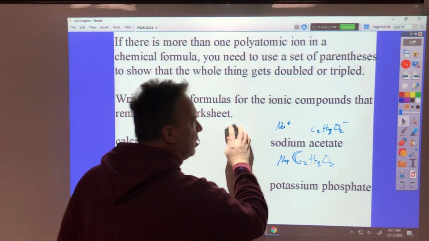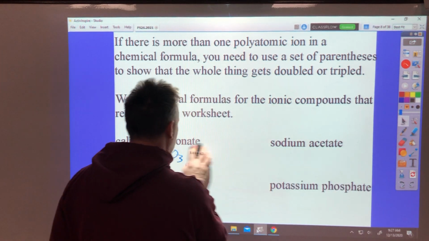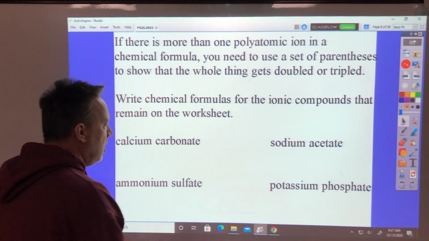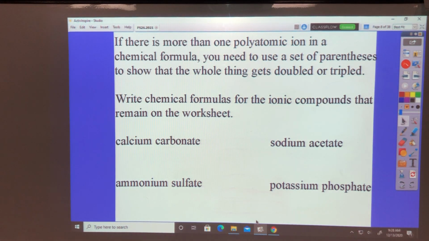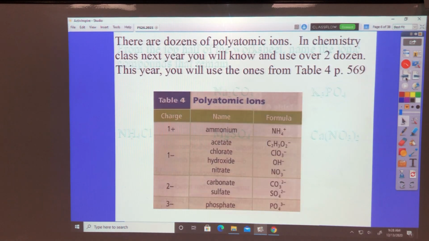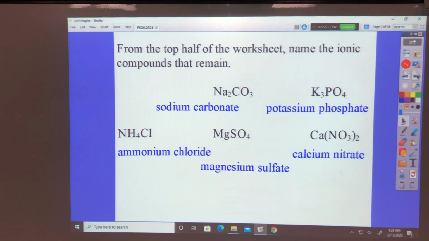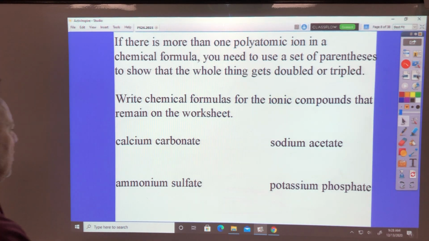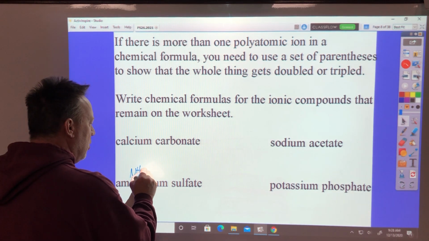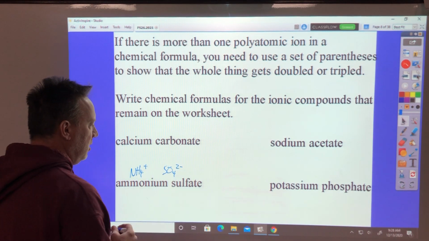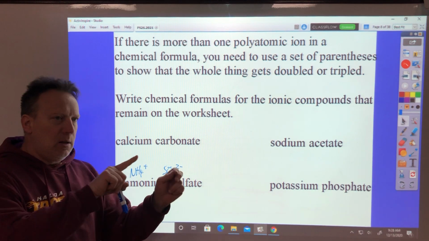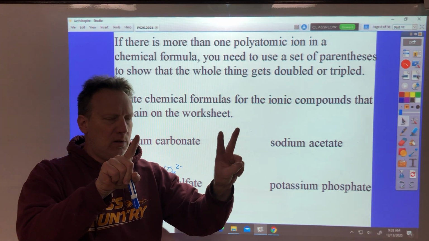What about ammonium sulfate? Okay, I'm going to erase these because they're in the answers. Ammonium, and oh, that's got 2 polyatomic ions. If you go back here, sulfate is SO4 2 minus, and ammonium is NH4 plus. Uh-oh, we have 1 given, took 2.